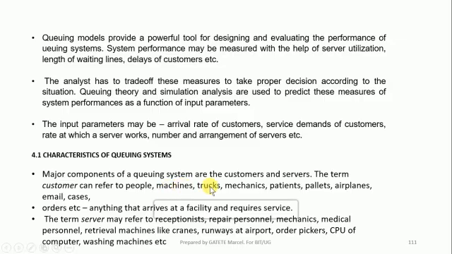It can be a truck, a car, a mechanic, a patient, pilots, an airplane. It can also be emails. So the customer is not only a human being. Anything can be a customer which requires service. It can also be any order. So it is anything that arrives at a facility and requires services. This is what we call a customer.